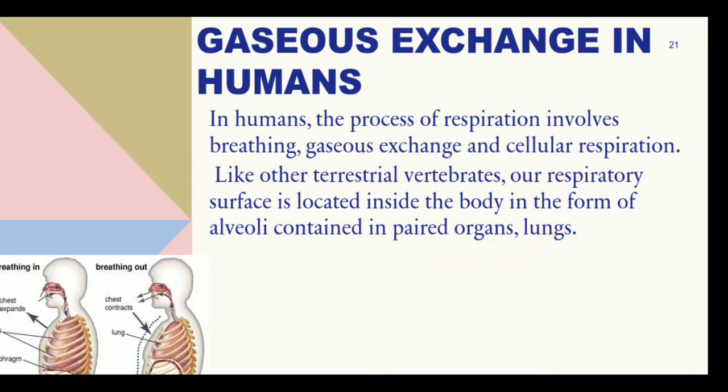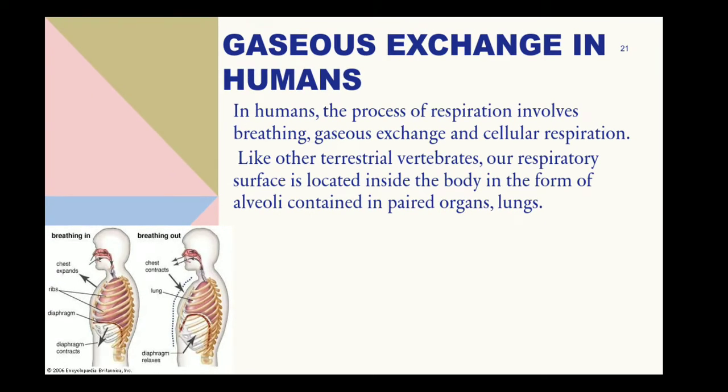We have already studied that lungs are not just simple sacs, but they are made of millions of microscopic sacs which are called alveoli. And because of these millions of sacs, the surface area increases a lot, and a lot of gaseous exchange can take place through the thin walls of the alveoli.